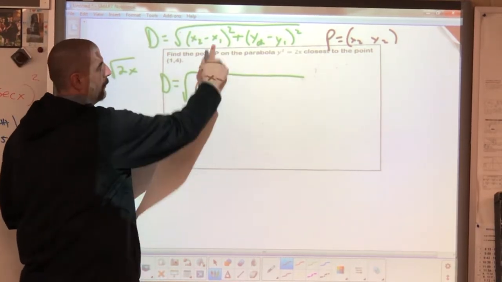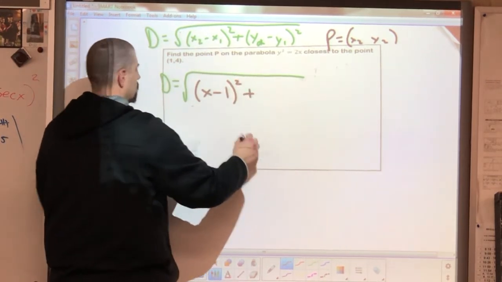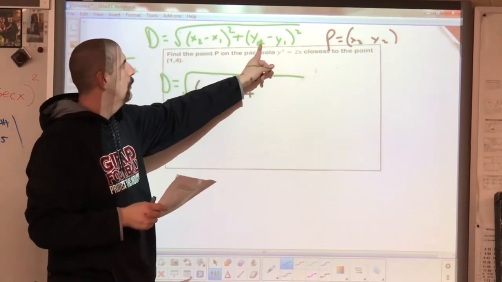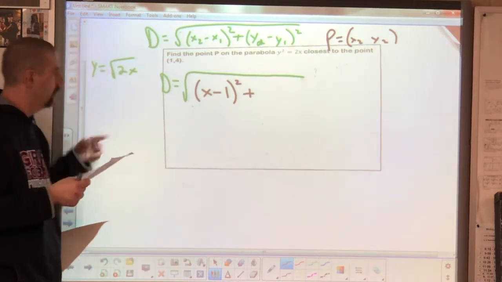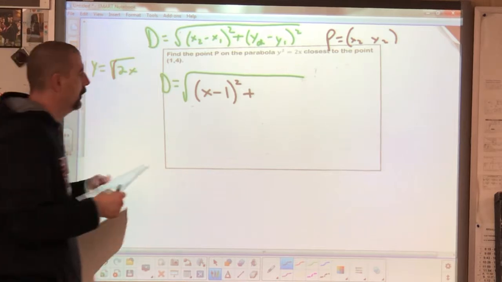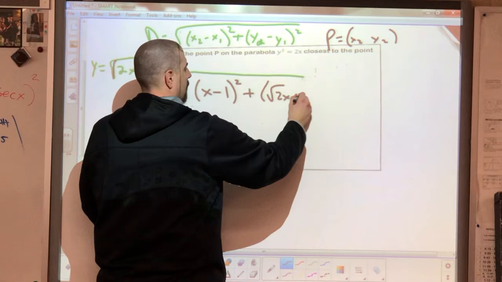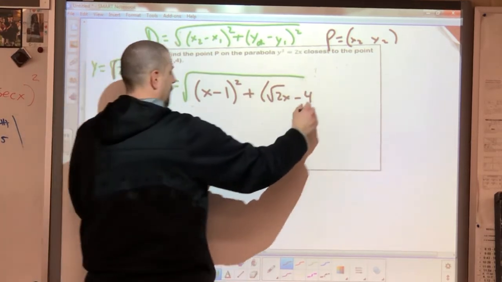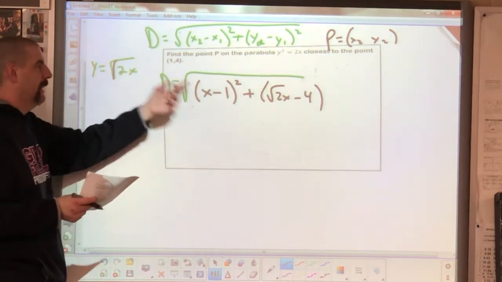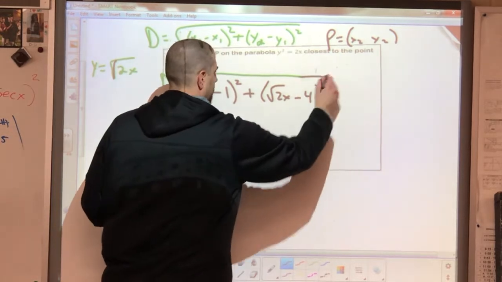So we don't know that part, but we do know the other part is 1 squared plus, again, y2 is equal to the square root of 2x, so we know y is the square root of 2x minus 4. We're not going to put y2 there, because we don't know it, but we know y is equal to the square root of 2x, so we'll put that there so we have all the same variable. All right, and that's squared.